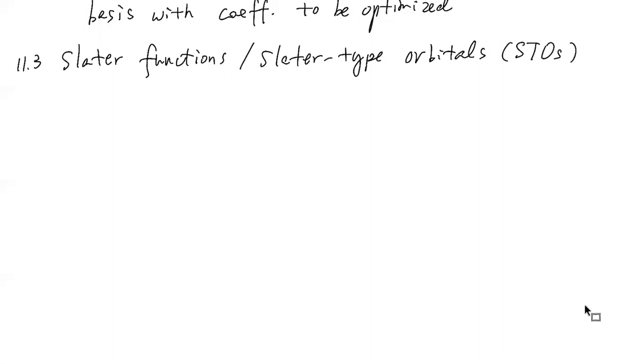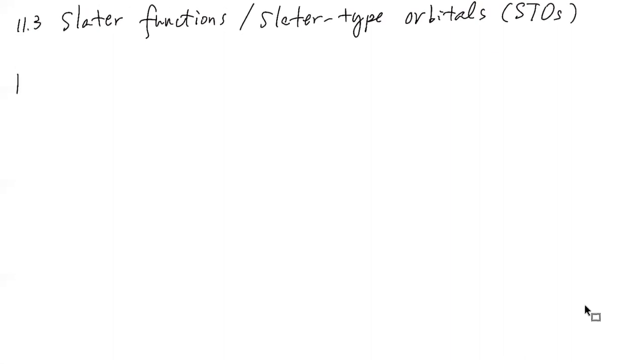The mathematical function we use is, again, we're talking about the radial part. The angular part is just the exact spherical harmonics. There's no question about it. So what we're approximating is really the radial part.